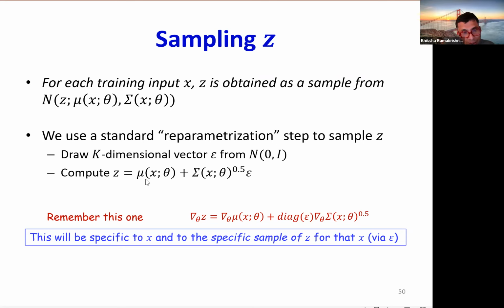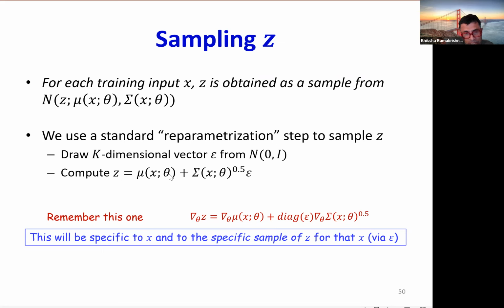And so now that I've defined the sample z in terms of the mean and the variance, and the mean and the variance are both functions of theta, I can compute the derivative of z with respect to theta.